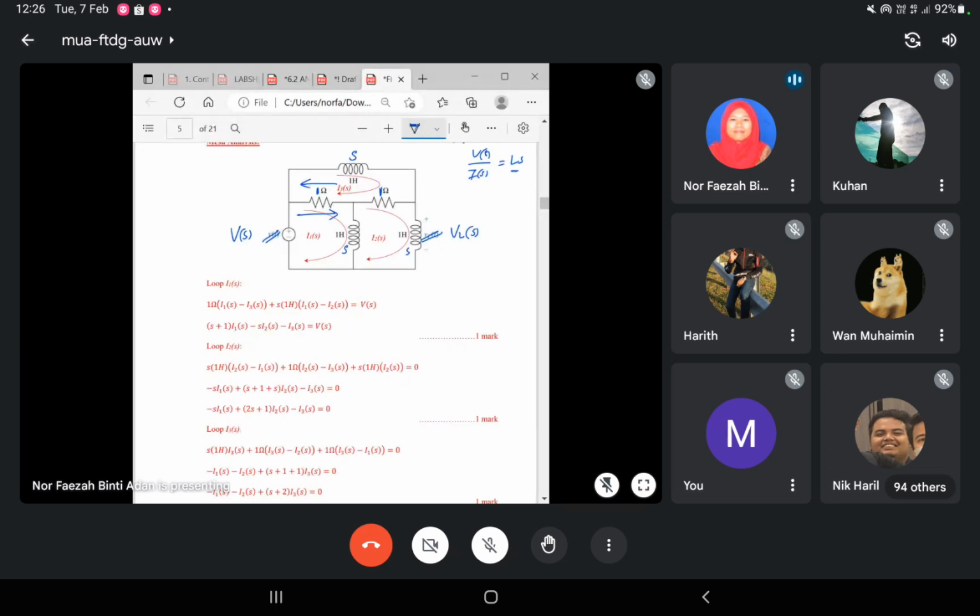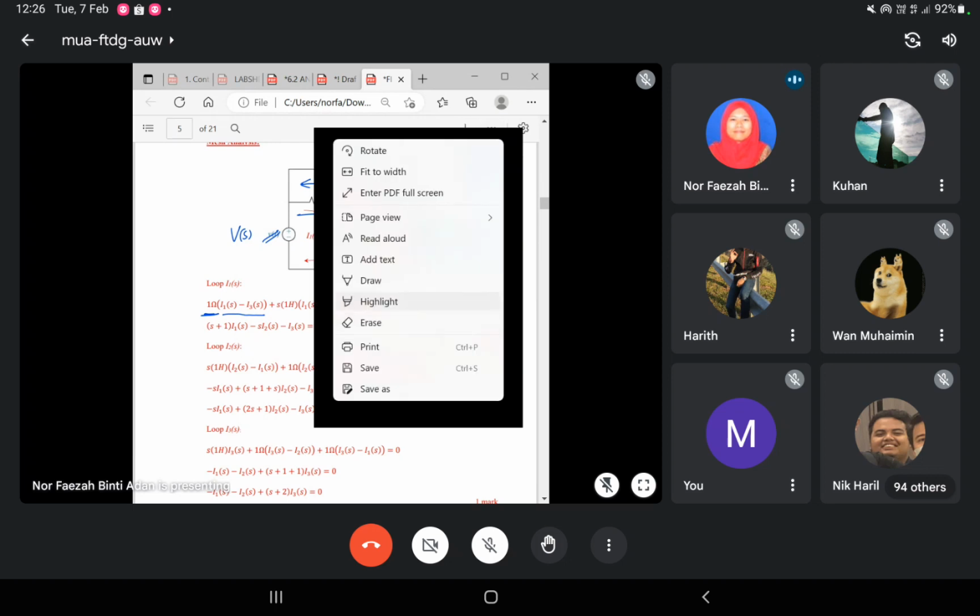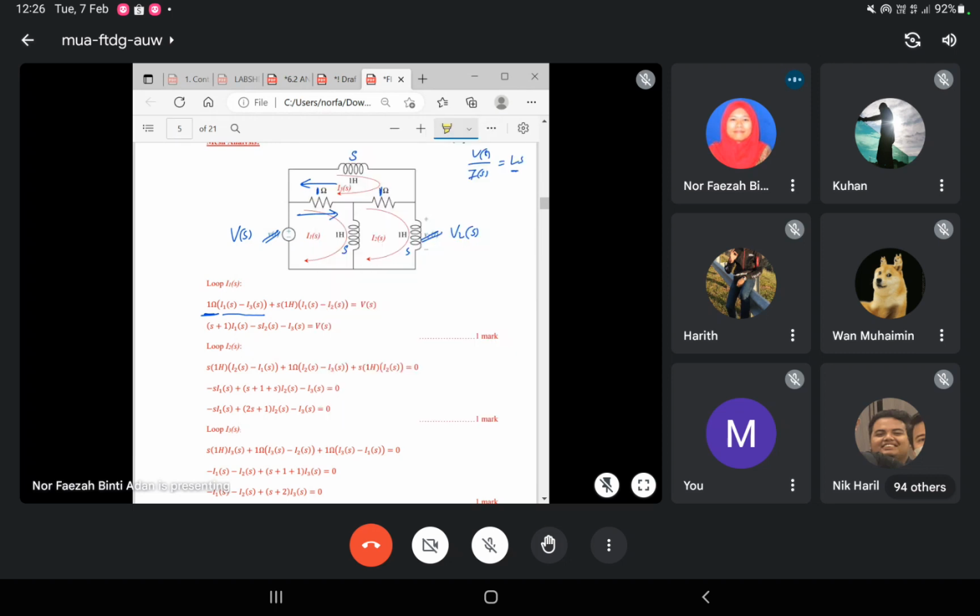So current that flows through the resistor ada dua, I1 dan I3. So positive direction is in our I1 direction dan I3 tu opposite, so dia akan jadi tolak. So 1 darab dengan I1 tolak I3 for this. Untuk ini sekarang kita tengah buat komponen ni.